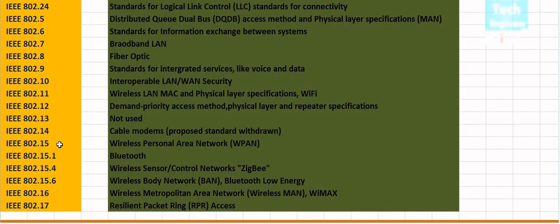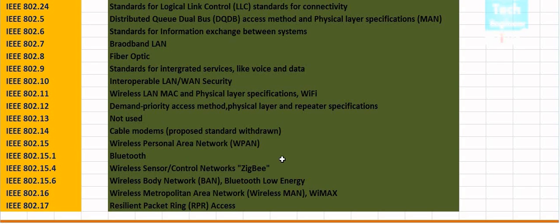Okay, IEEE 802.15 is for wireless personal area network, WPAN, which might be your Bluetooth device, might be infrared, might be Wi-Fi. IEEE 802.15.1 is actually WPAN, starting with infrared. The definition is not there clearly, but I saw in the documentation it's written WPAN.